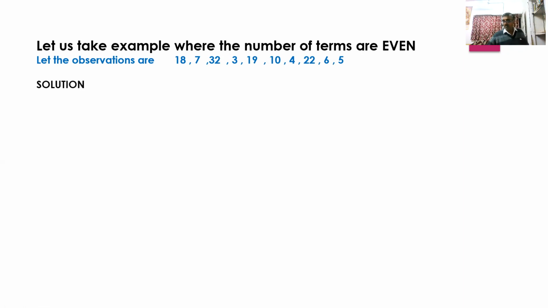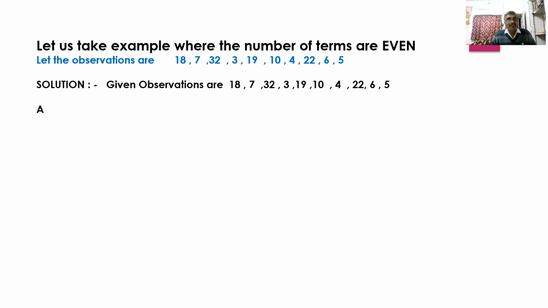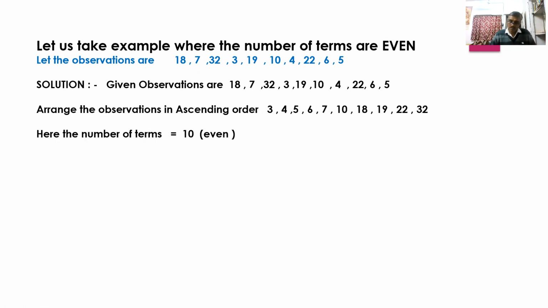First of all, what we will write down? Given observations are 18, 7, 32, 3, 19, 10, 4, 22, and 6. Now we will write them in ascending order.